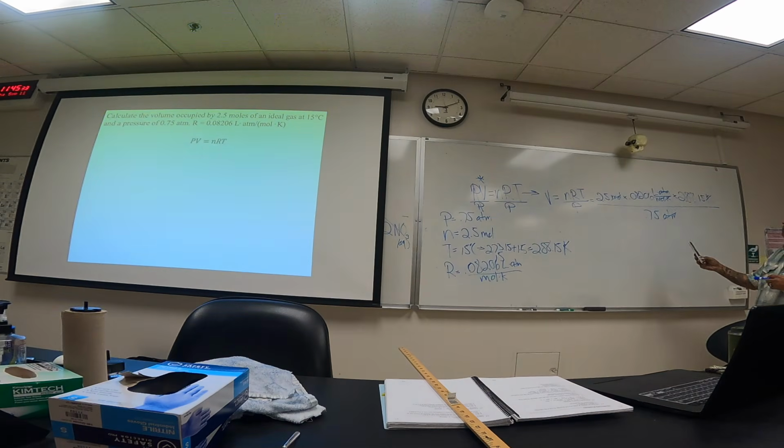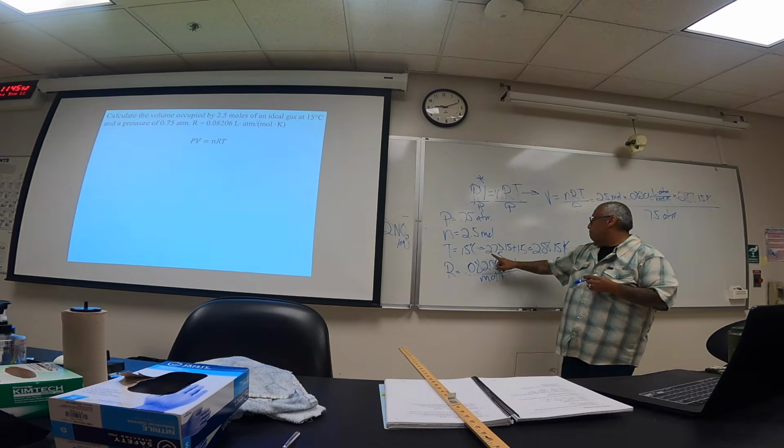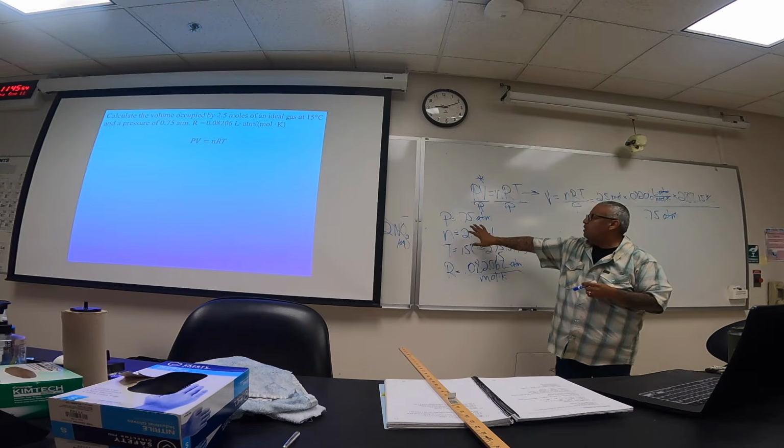So 2.5 times 0.08206 times 288.15 divided by 0.75 equals a bunch of numbers. 4 sig figs, 2 sig figs, 2 sig figs.